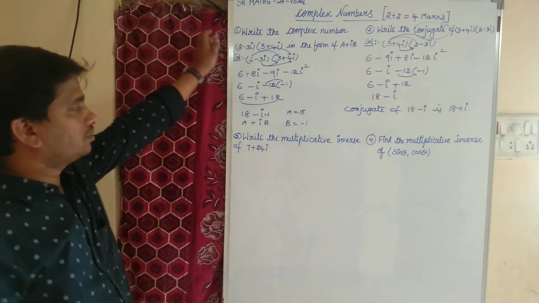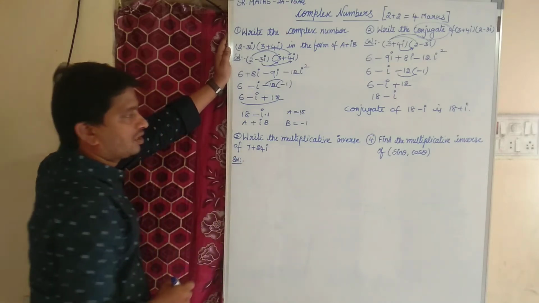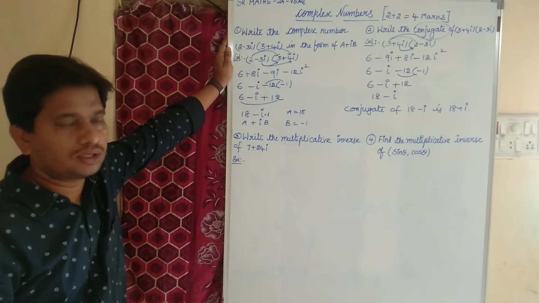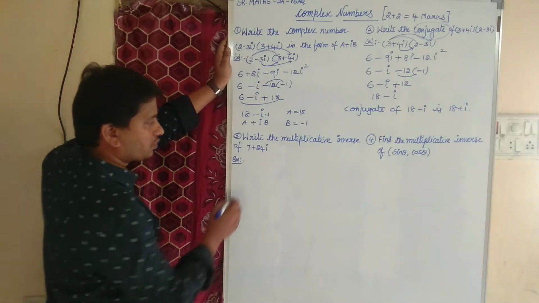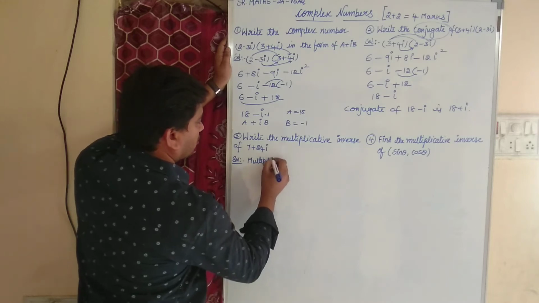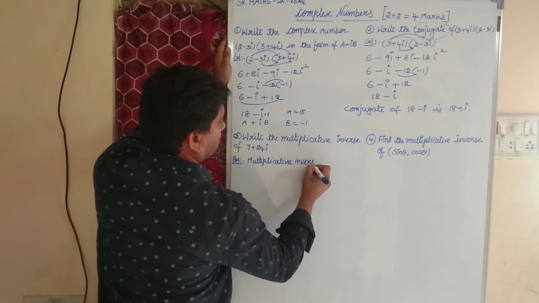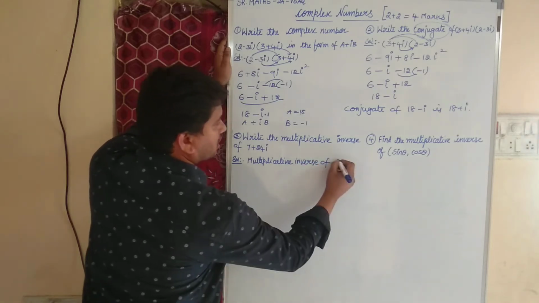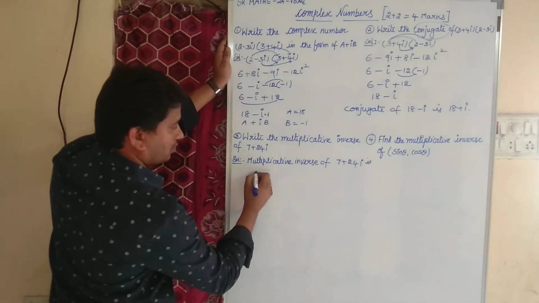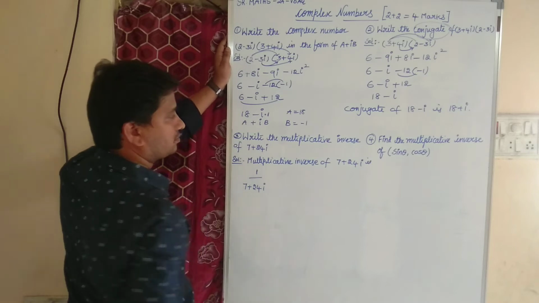Now coming to question number 3, write the multiplicative inverse of 7 plus 24i. The multiplicative inverse of 7 plus 24i is 1 by 7 plus 24i.